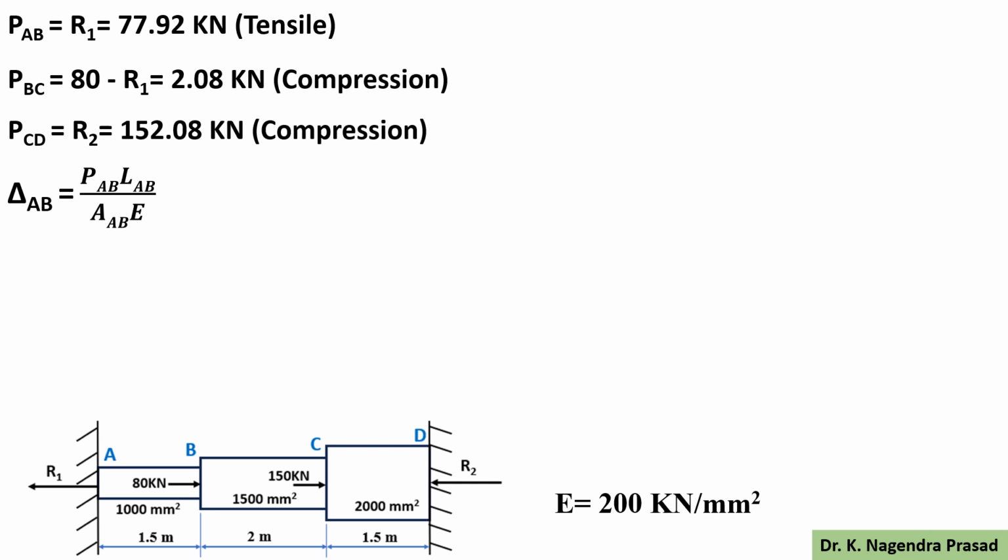Then substitute all values in this equation: 77.92 kilonewtons, that is into 10 to the power 3, into LAB, which is 1500 mm, divided by AAB, the cross-sectional area, which is 1000, and E, which is 200 kilonewton per mm square, that is 200 into 10 to the power 3. So the powers of 10 cancel, and the double zeros also cancel.